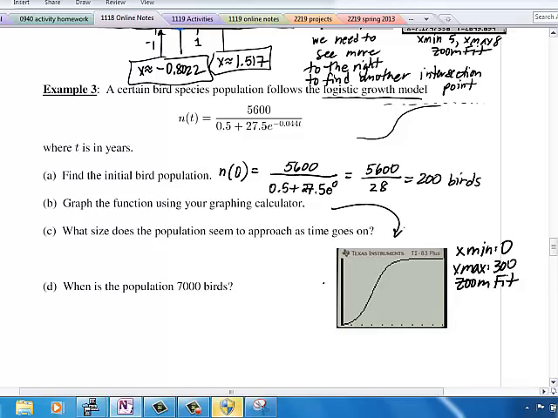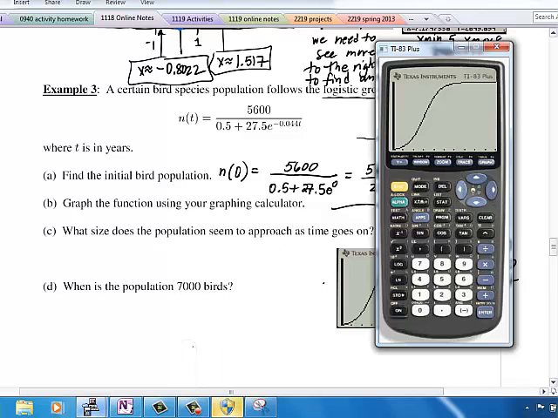So there's our graph. What size does the population seem to approach as time goes on? We can either just trace along this graph, or we can look at the table and we can see for large values of x, all these y's are at 11,200. So I would say it looks like we're approaching 11,200.